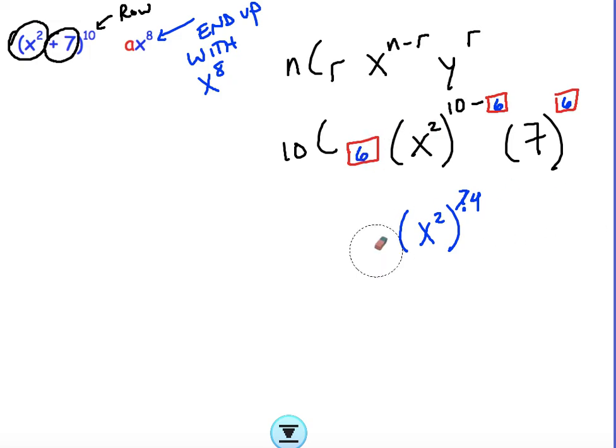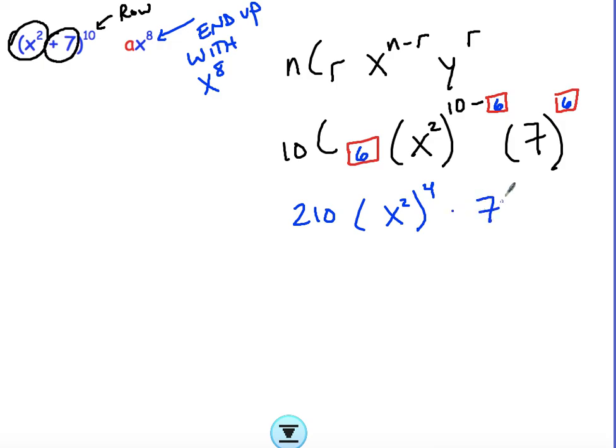Okay, let me just write it out nicely. So 10 choose 6. When you type that in your calculator, you're going to get 210. And then I'll have x squared to the 4th power, because 10 minus 6 is 4. And then I have 7 to the 6th power. Keep simplifying. X squared to the 4th. That's where the x to the 8th comes in.